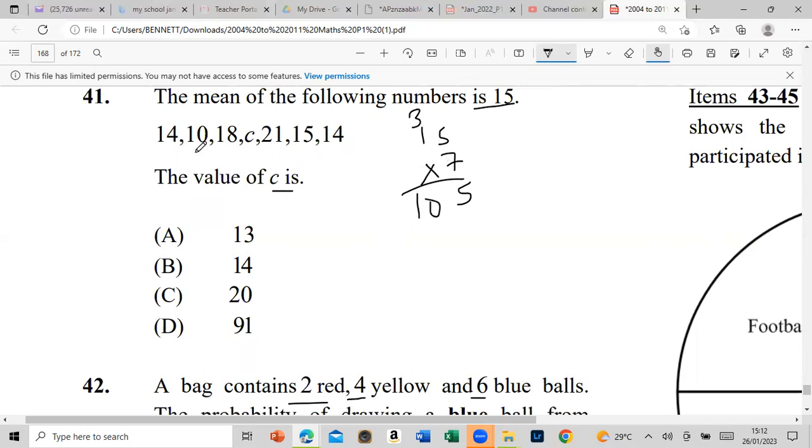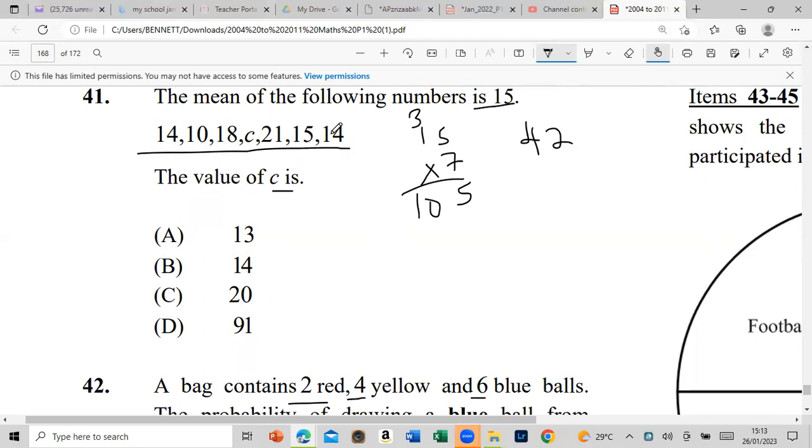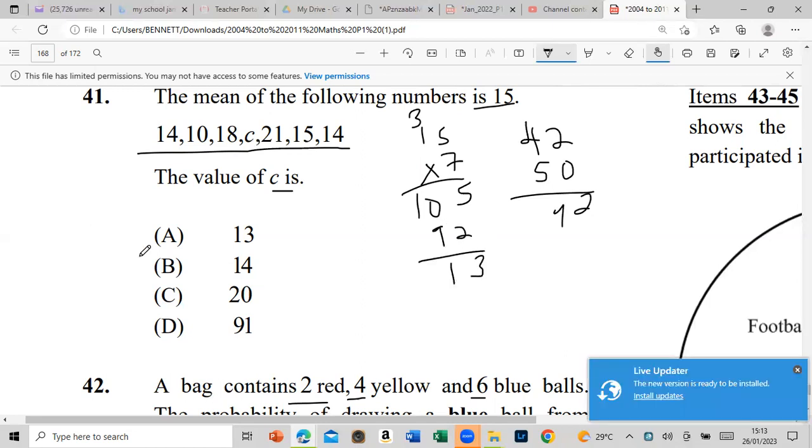So we need the total of these now. Adding them: 28 and 14 is 42, and 29 and 1 make 30, so that's 92 in total. Subtract 92 from 105 and I get 13, so C is 13.